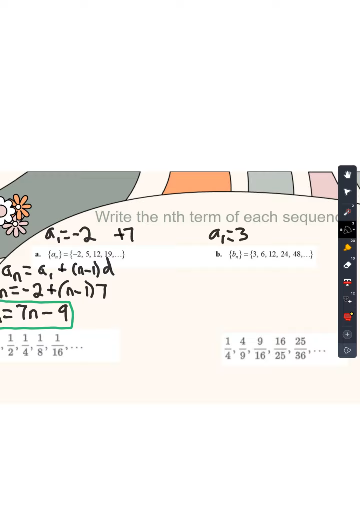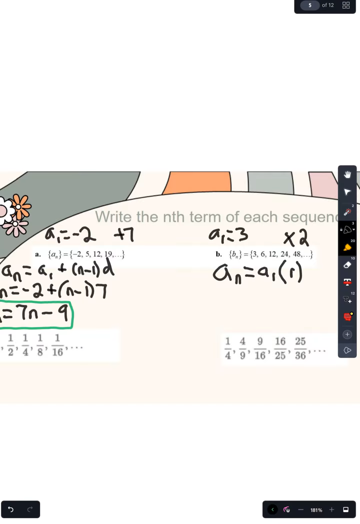So that's not the case. But do notice that this time if I take 3 and I multiply by 2, I get 6. If I multiply by 2, I get 12. If I multiply by 2, I get 24, and so forth. So this time we are multiplying by 2, which means that this is a geometric. So again, I can just use that formula that we had previously.